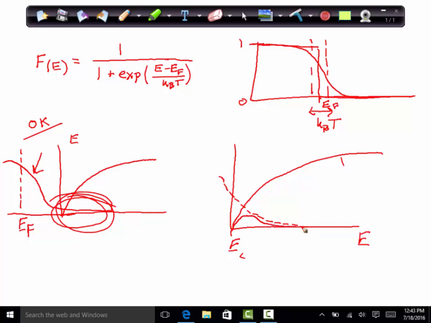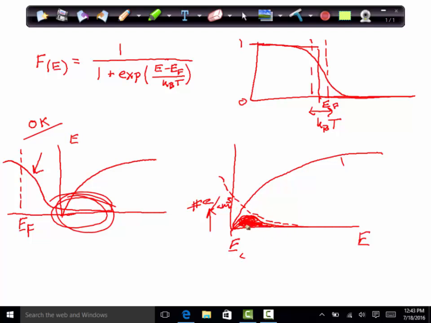If we multiply these two things together, we get a shape that looks something like this little area that I'm filling in here. This little shape is actually the distribution of the number of electrons per unit volume per infinitesimal energy range.